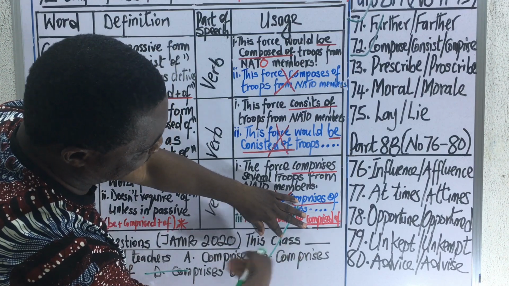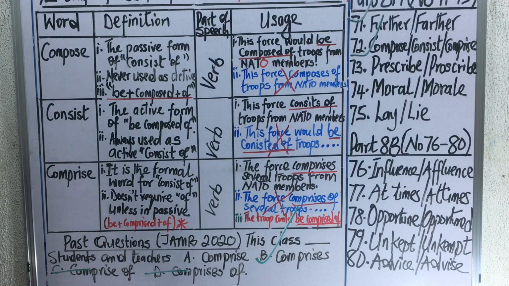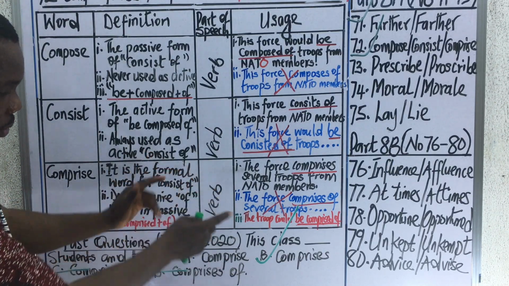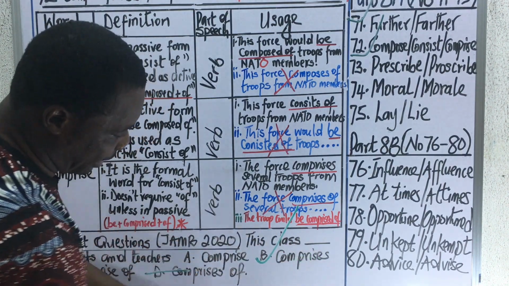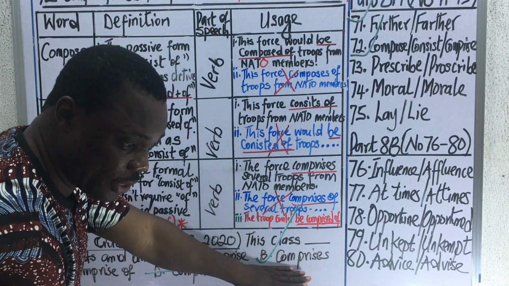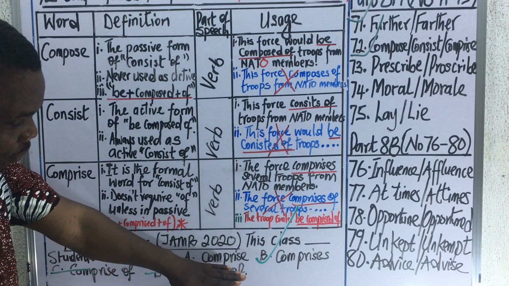This class is singular. So since they are verbs, when S is added, then the singular is implied. And when there is no S, then it means the verb is plural.